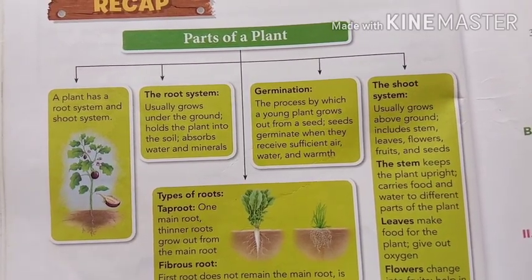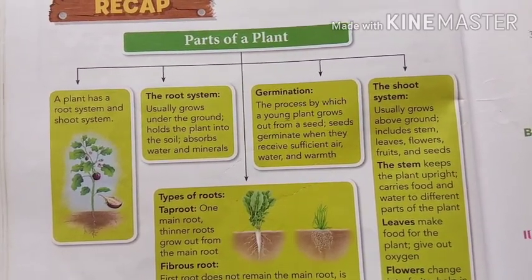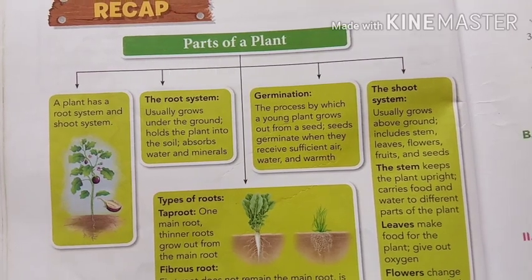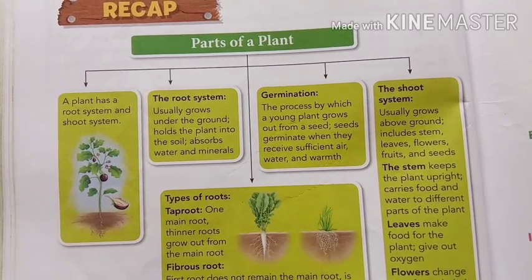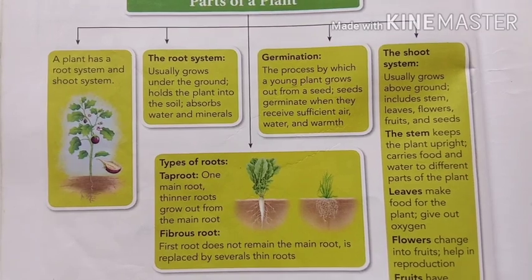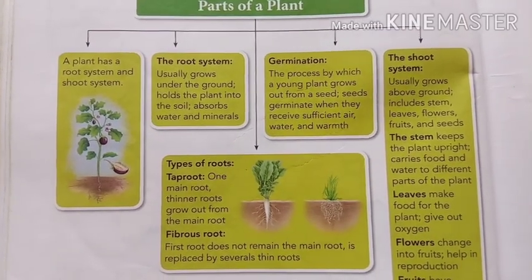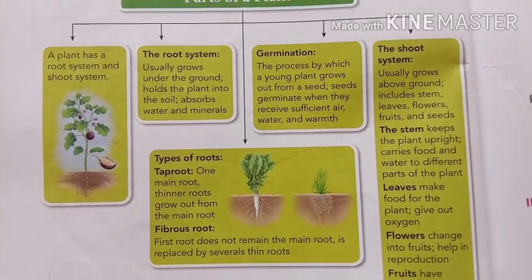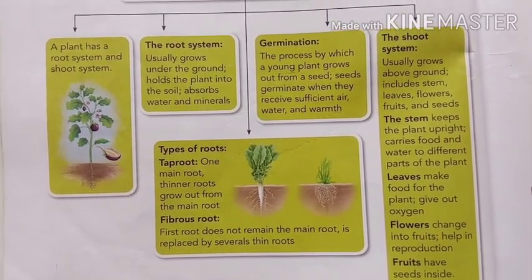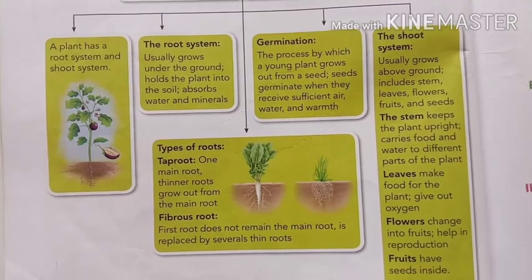It holds the plant, right? And also it absorbs water and mineral. Then we also learn about in root system there are two types of root, right? Taproot and fibrous root.